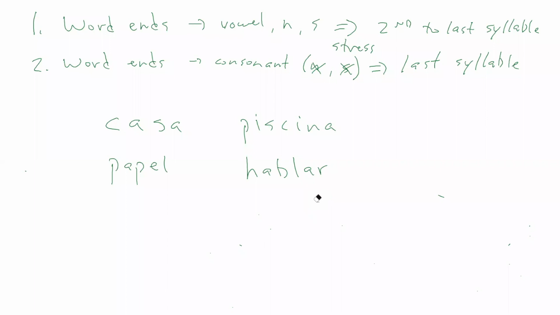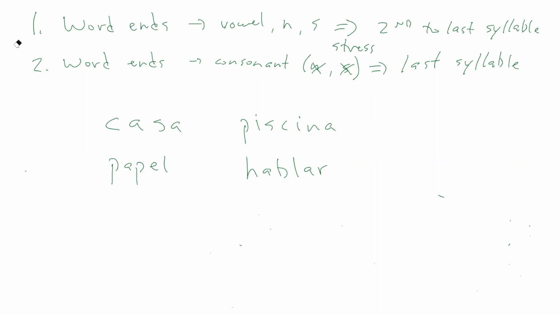So the time that we need to write written accents is if the word is an exception to this rule, our parts one and two. If a word is an exception or doesn't follow that rule, then we need a written accent to tell how to stress the word, where the stress goes.